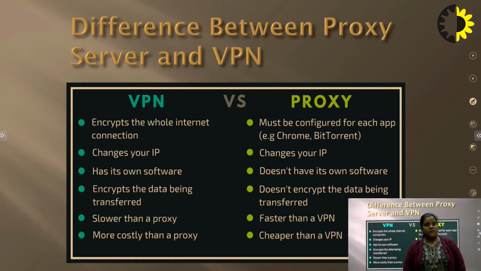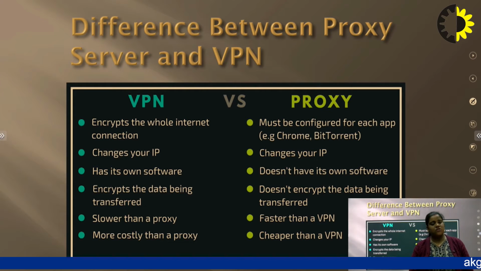The full form of VPN is virtual private network. If any user wants to use VPN and enables or installs VPN services in the system, it will encrypt the whole connection of that particular system.